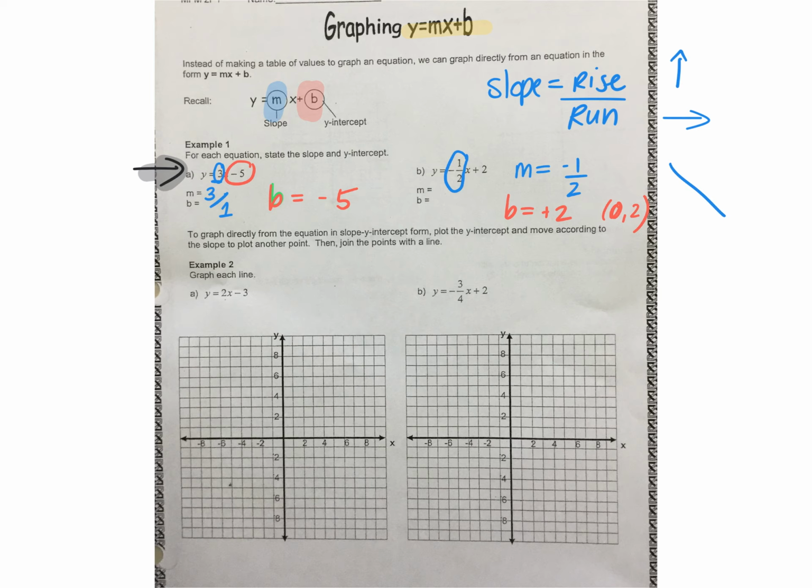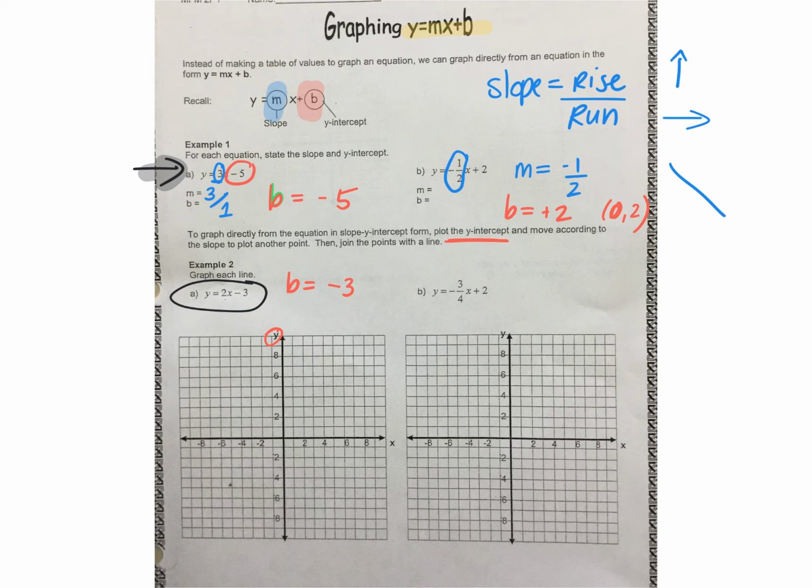Okay, so to graph directly from the equation, you're going to start by plotting the y-intercept, because that's a point that we know is going to be on the line, right? So in the first example, what's the y-intercept? The equation is y equals 2x minus 3, so the y-intercept is, good, -3, which means it's going to hit the y-axis.